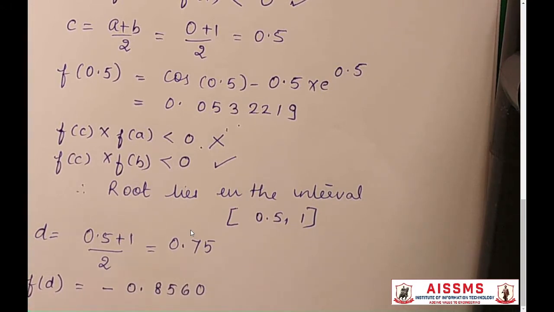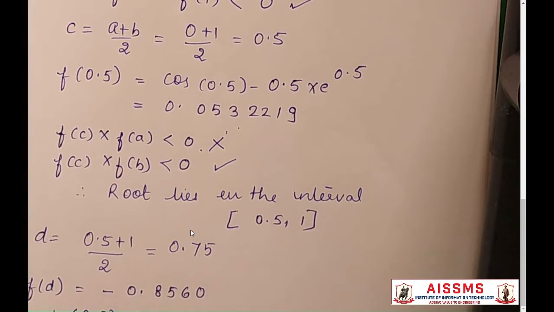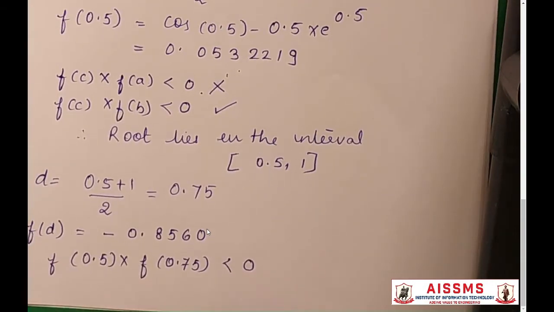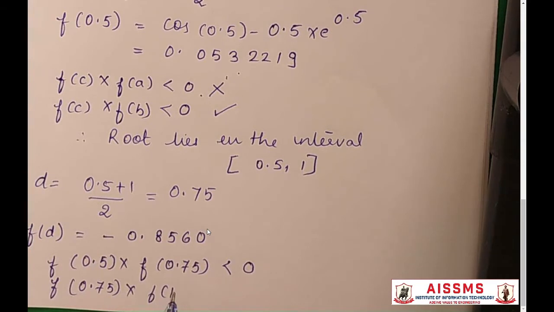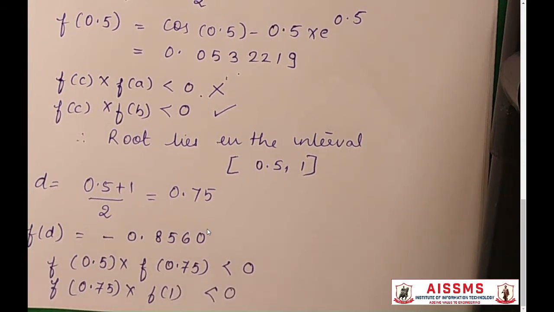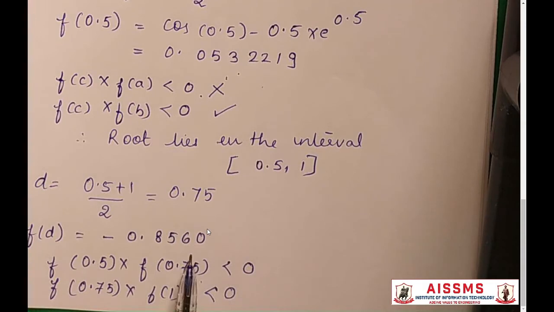Then you will check whether f of 0.5 into f of 0.75 is less than 0, or f of 0.75 into f of 1 is less than 0. Right? So f of 0.5 in our case is positive. F of 0.75 is what?